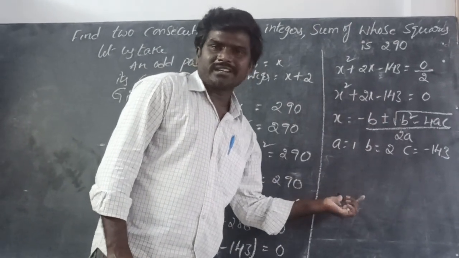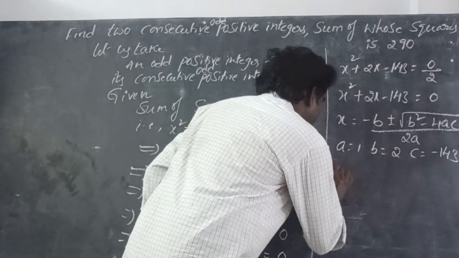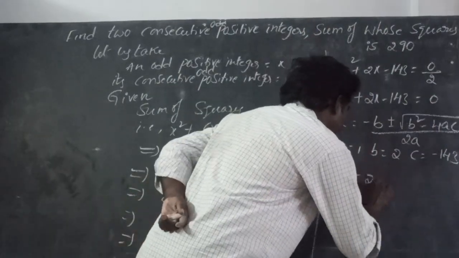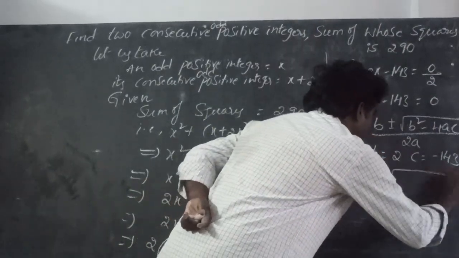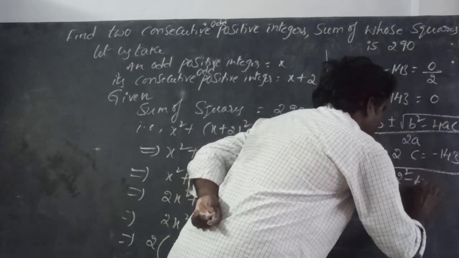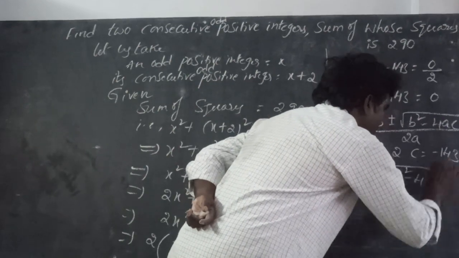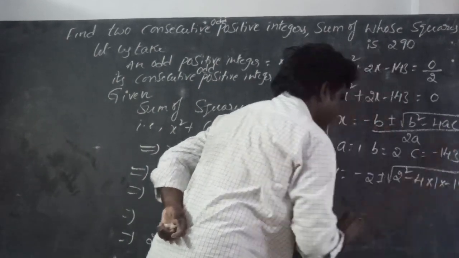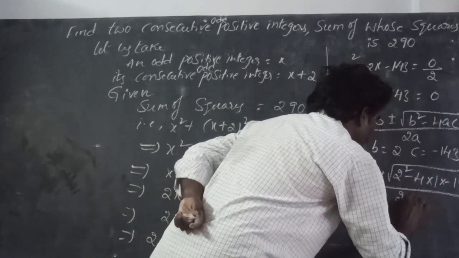How many x values can you get? Two. So x is equal to minus 2 plus or minus square root of 2 square minus 4 into 1 into minus 143, by 2 into 1.